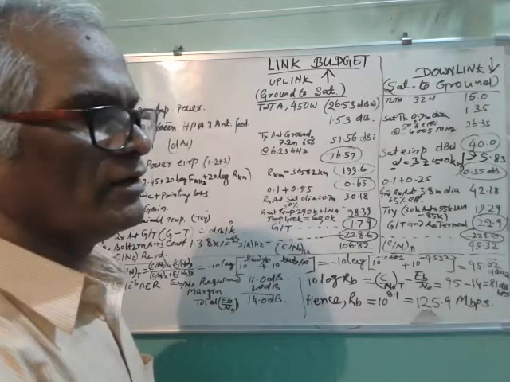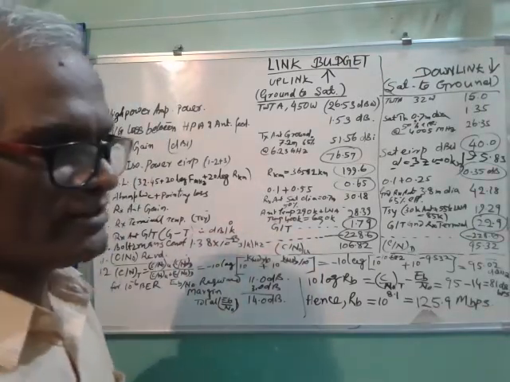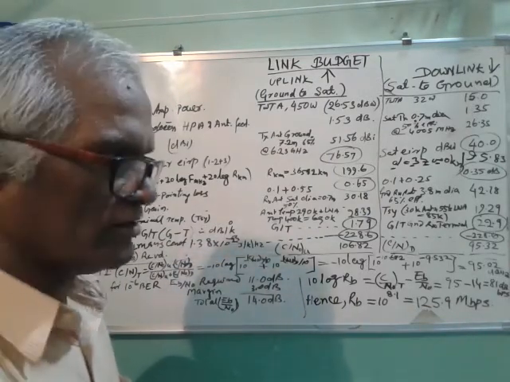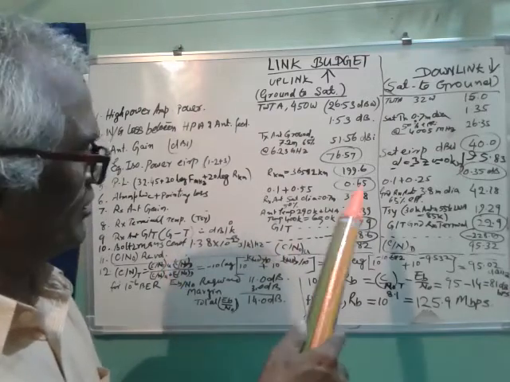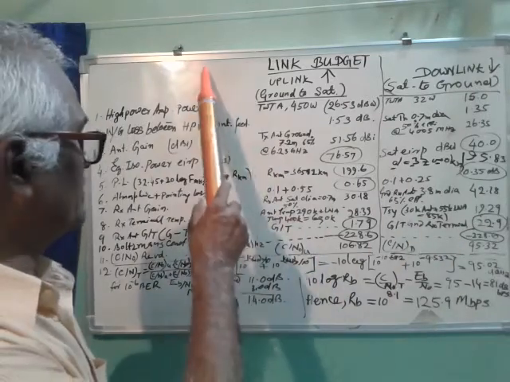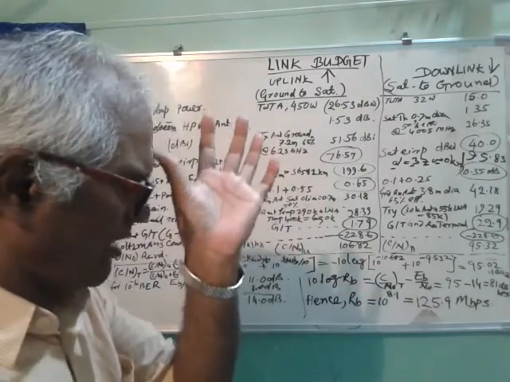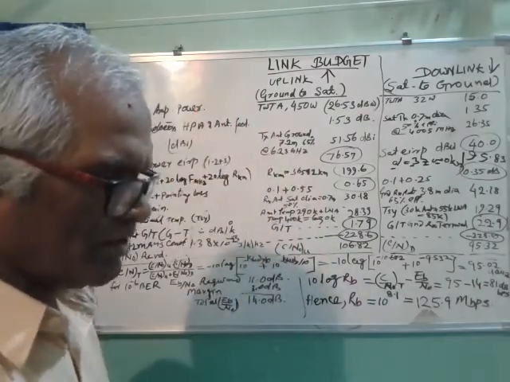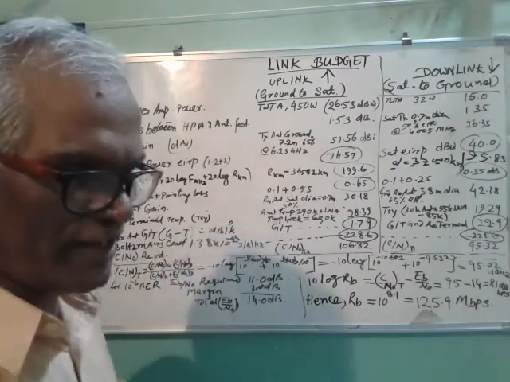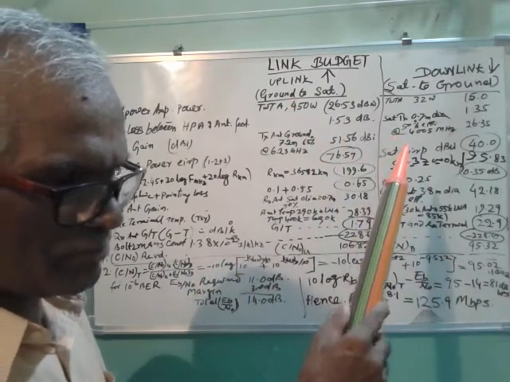Similarly, if we go the other way, say some requirement is there, our information we have to pass from the transmit station to the receiving station, and the satellite manufacturer has given his transponder specification of how much it will receive. That means the satellite receive terminal G by T and the transmit terminal of the satellite, the ERP.